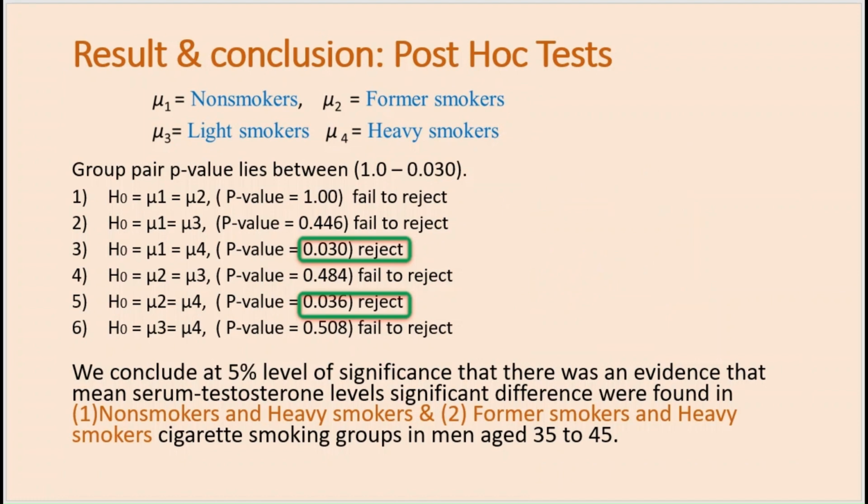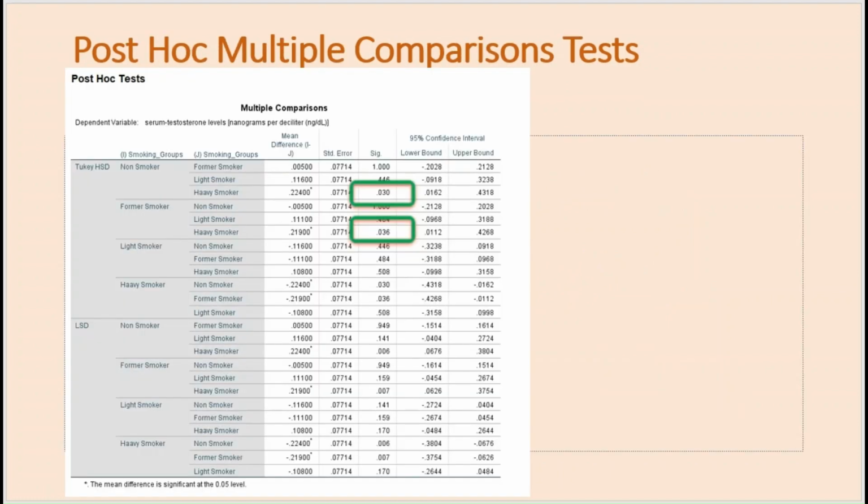Here the multiple comparisons window shows 0.03 and 0.036. 0.03 is where non-smoker was compared with heavy smoker, and 0.036 is former smoker with heavy smoker. In both, the mean testosterone level is not equal.